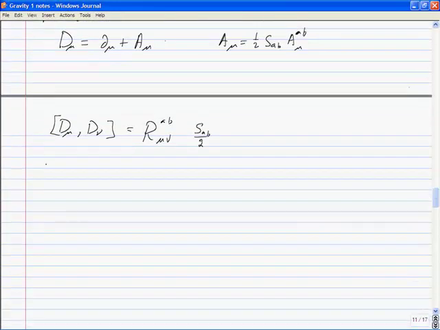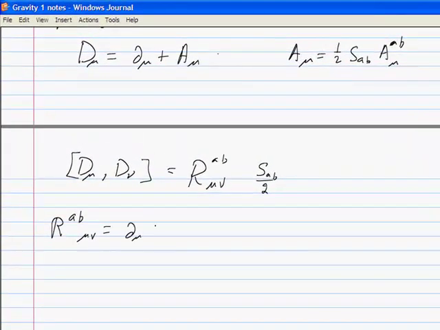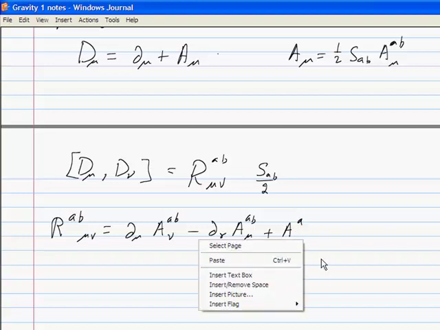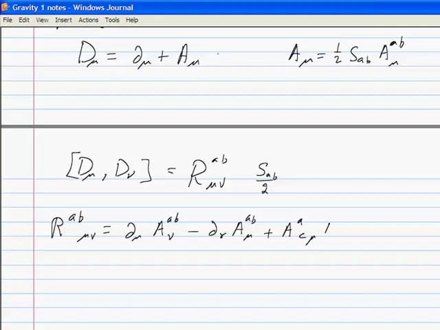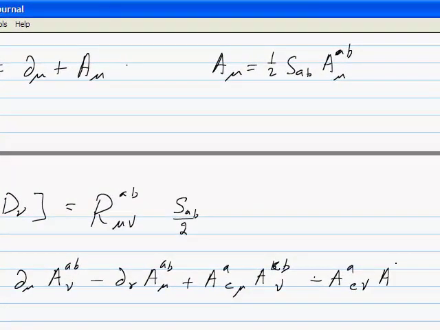Okay, so what is it? If you just do it, then R^{AB}_{μν} = ∂_μ A^{AB}_ν − ∂_ν A^{AB}_μ + A^{AC}_μ A_C^{B}_ν − A^{AC}_ν A_C^{B}_μ.